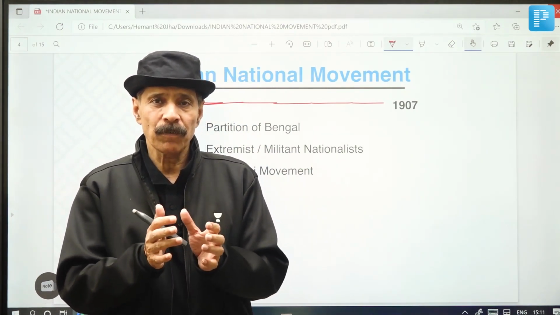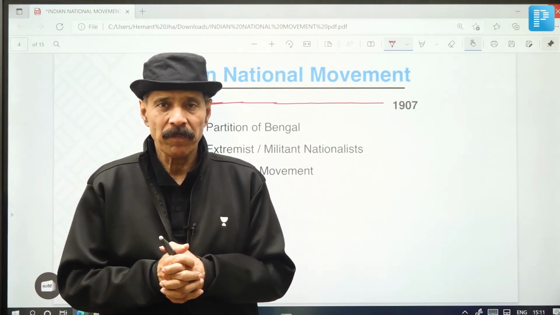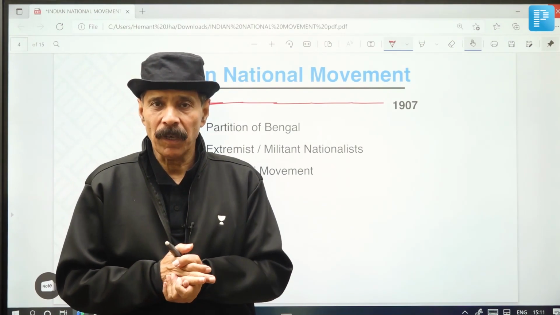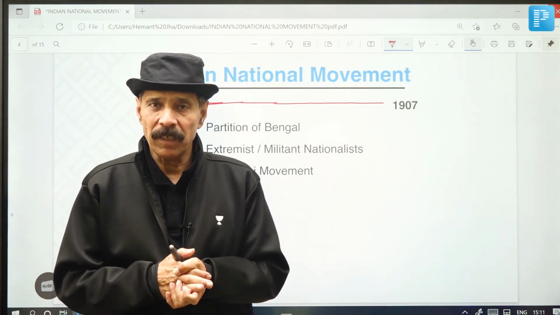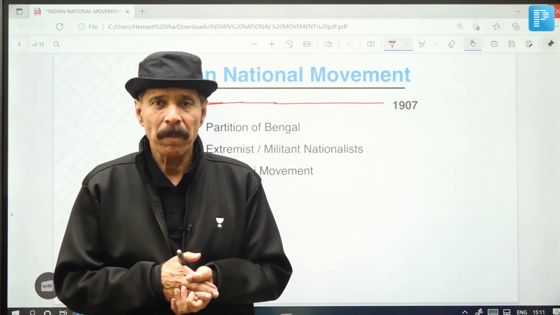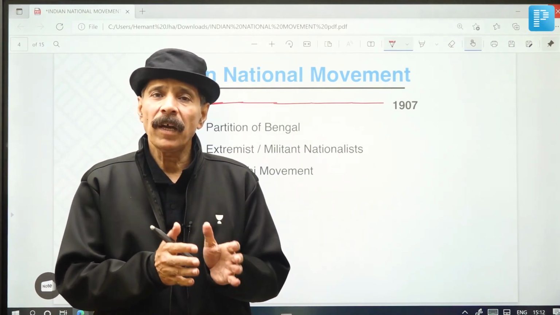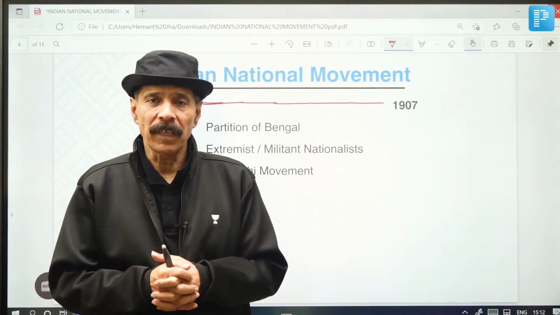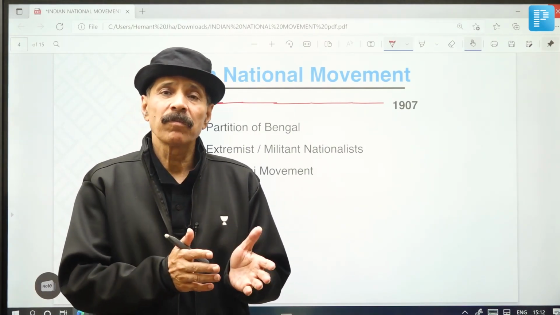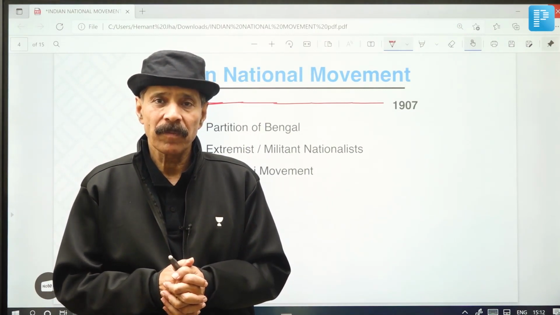represented a group of Congress leadership like Bal Gangadhar Tilak, Bipin Chandra Pal, Lala Lajpat Rai, Aurobindo Ghosh, Ashwini Kumar Dutt, etc. And this group had a different vision of nationalistic struggle, and different means different from the vision of the moderates.